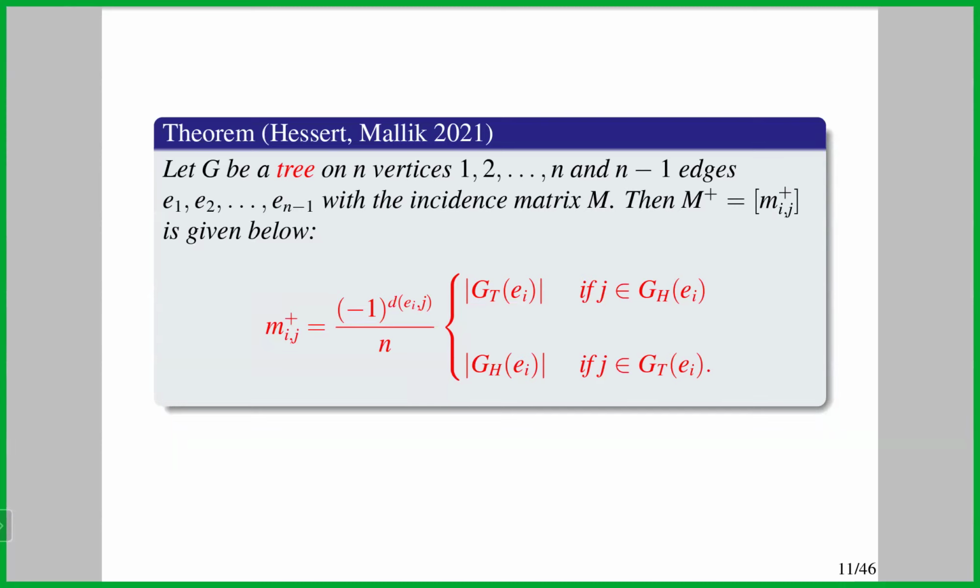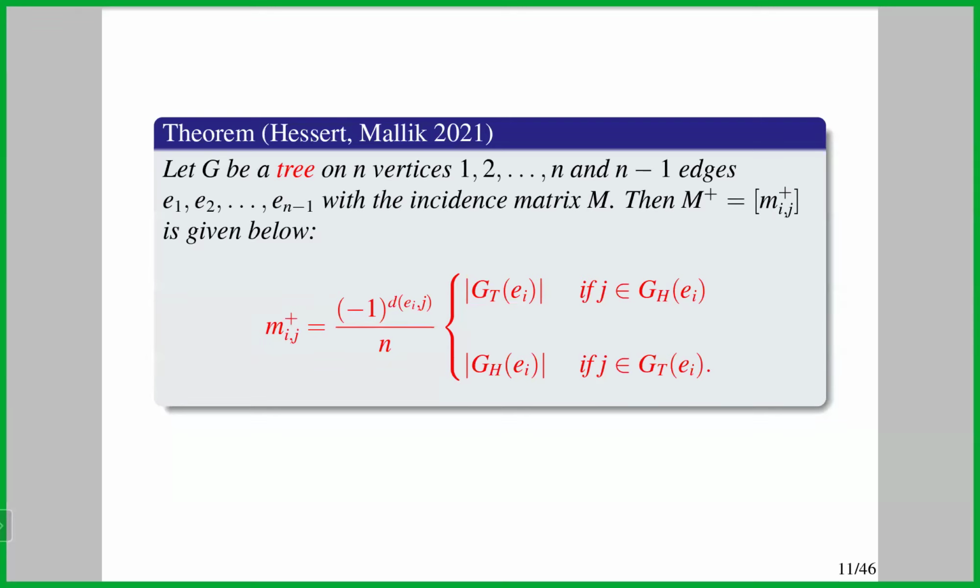Anyway, if you look at a tree with n vertices and n minus 1 edges, you can find M plus. M plus is given by this formula. If you look at the ij-th entry, you look at edge e_i. If you delete edge e_i, there are two components; call them the head component and the tail component.